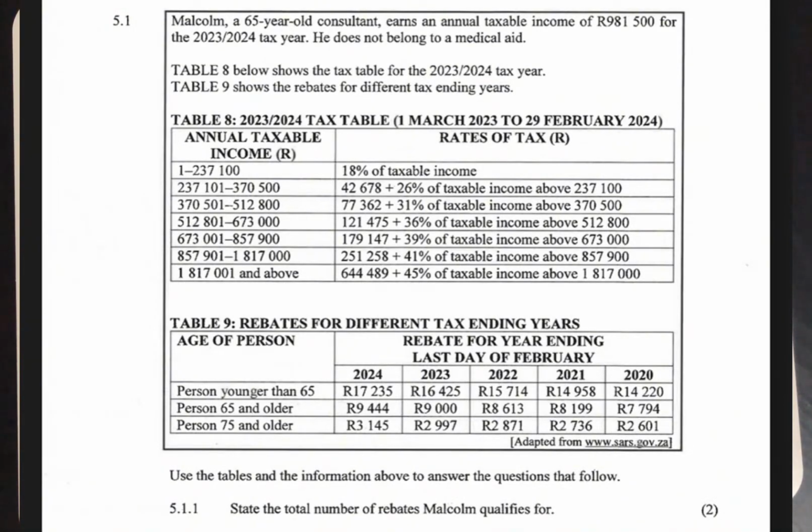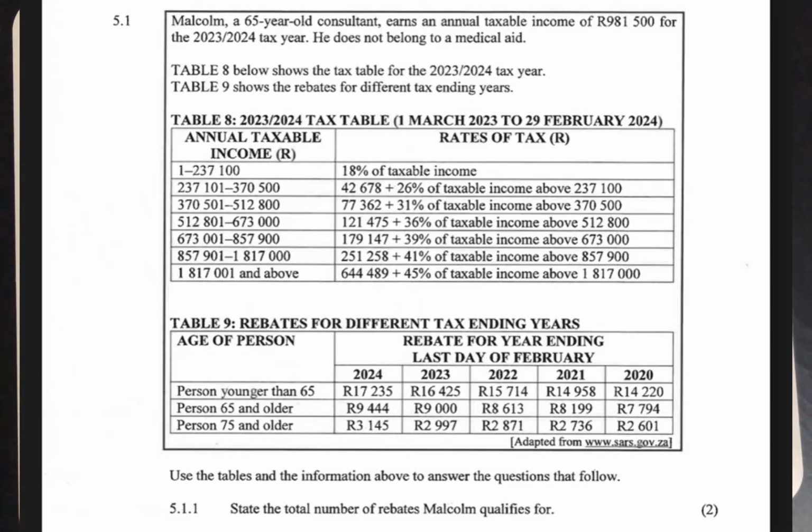Though 64 is not written there, we can use our common sense to understand that when they say younger than 65, it means 64 and below. So the second one is 65 and older, and then the third one is 75 and older.